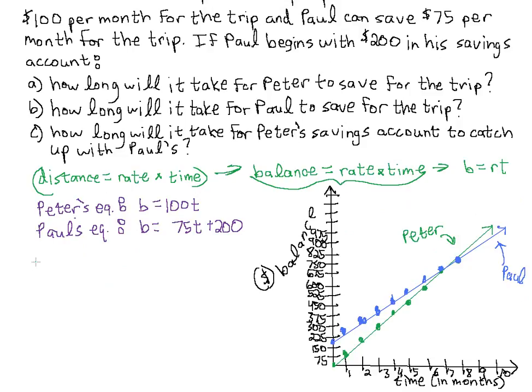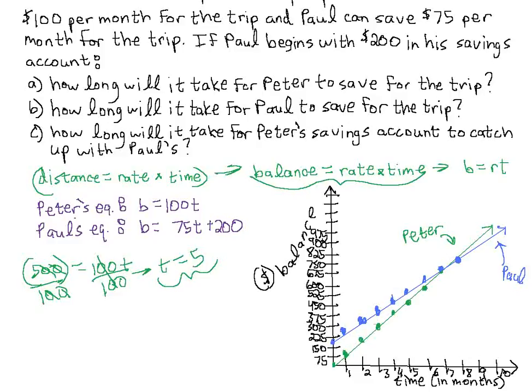We want to solve for T. So for Peter, we're going to have 500 equals 100T. We want to solve for months, for T, because we want to know how long it takes for him to save for the trip. So let's go ahead and divide both sides by 100. You can cancel out some zeros here. And we get T equals 5. So it's going to take Peter 5 months to save $500 for the trip.